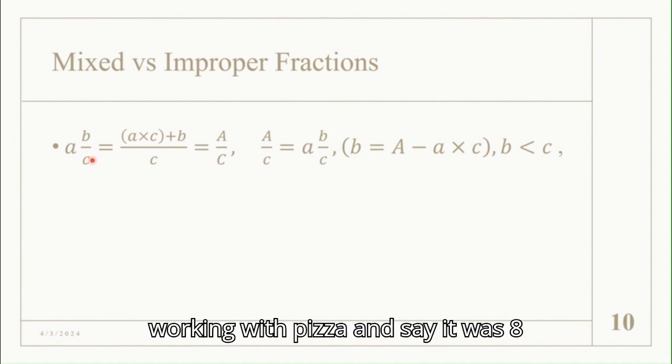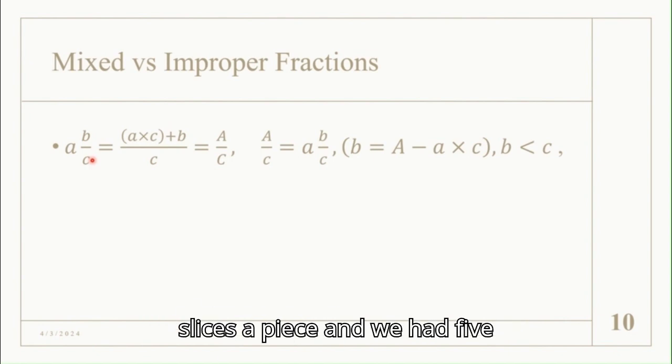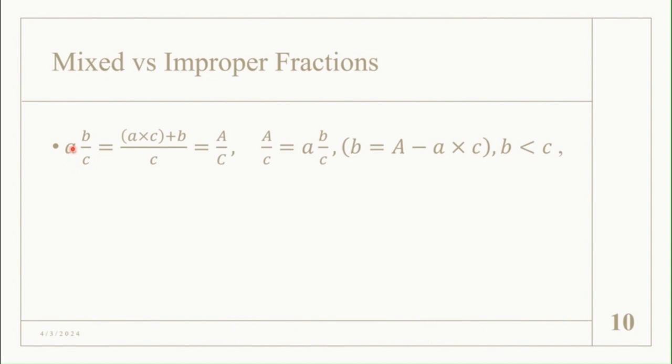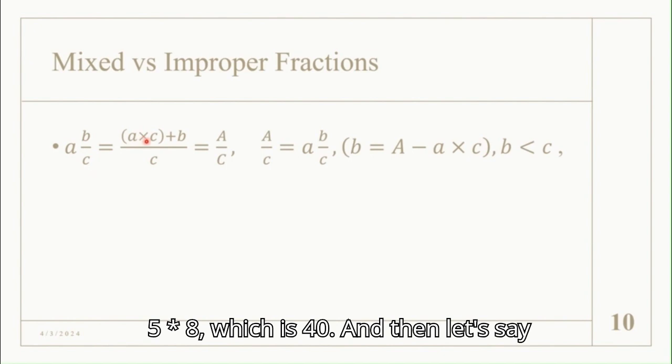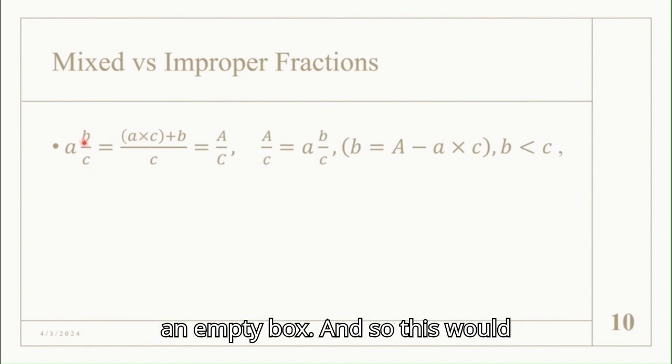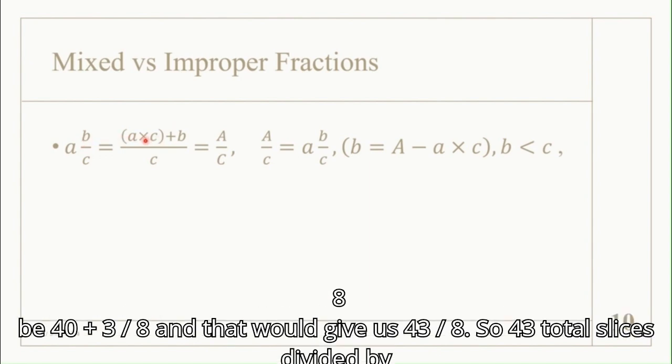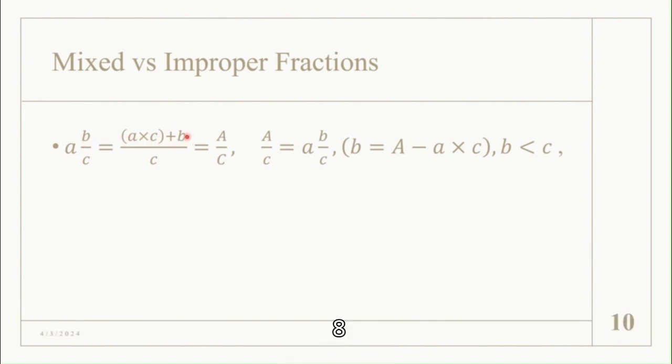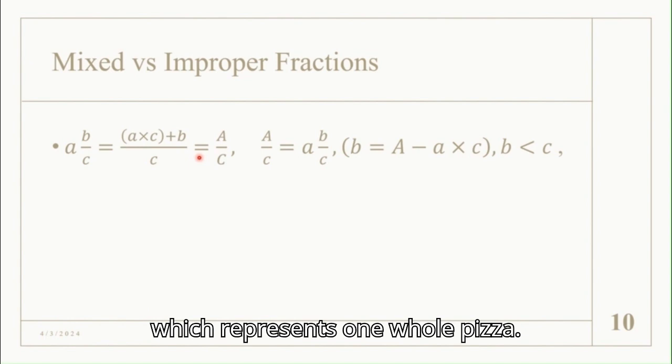So if we're working with pizza, and say it was 8 slices apiece and we had 5 pizzas, this would end up being 5 times 8, which is 40, and then let's say that there were 3 slices of pizza in an empty box. And so this would be 40 plus 3 divided by 8. And that would give us 43 over 8. So 43 total slices divided by 8 slices, which represents one whole pizza.